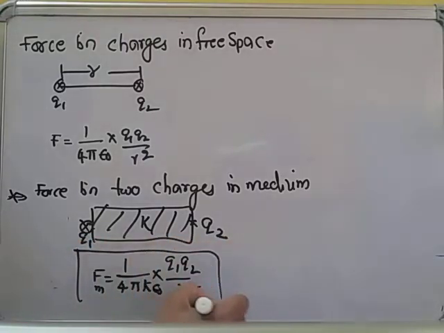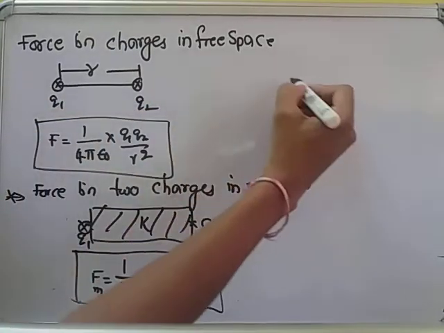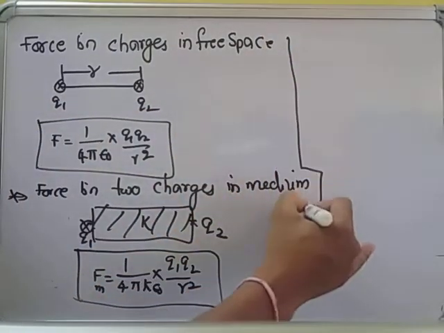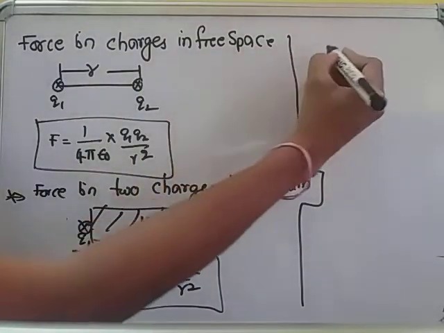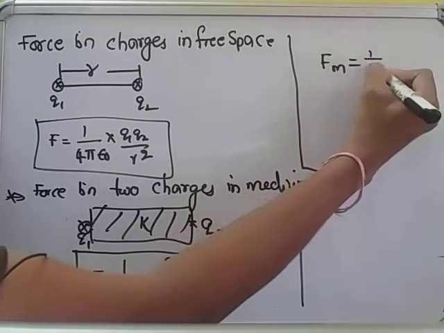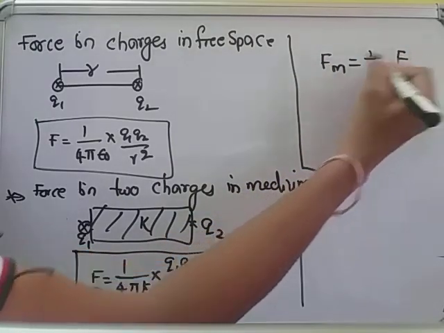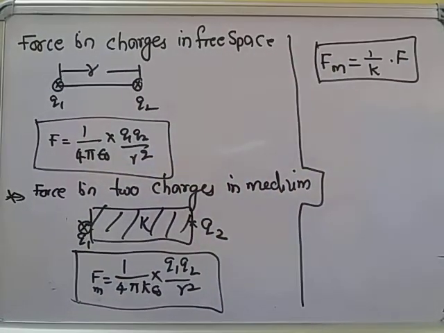Now from these two equations, the relation between the force in the medium and in free space, already we discussed, is that the force in medium is equal to 1 by K times the force in free space, where K is the dielectric constant.